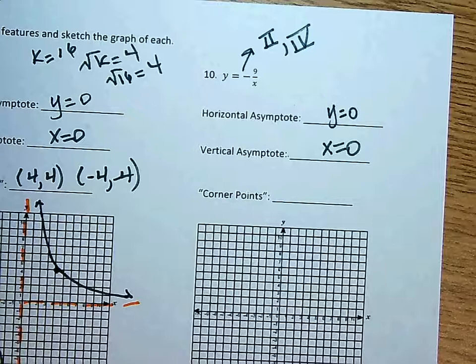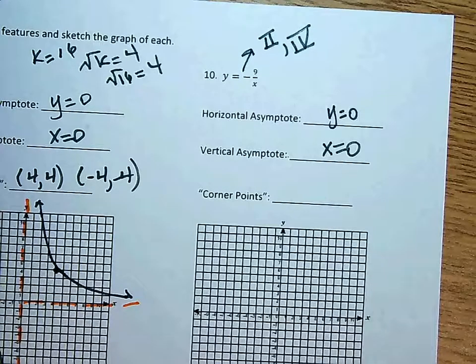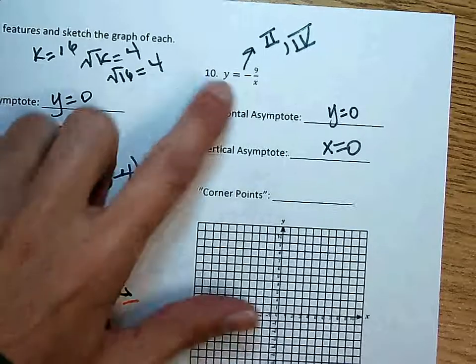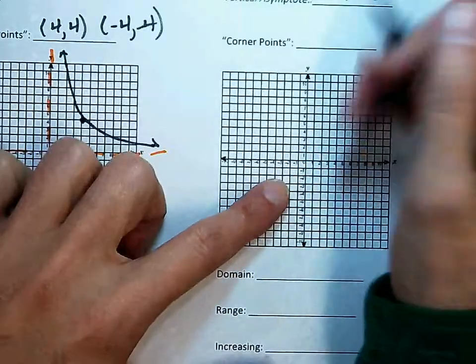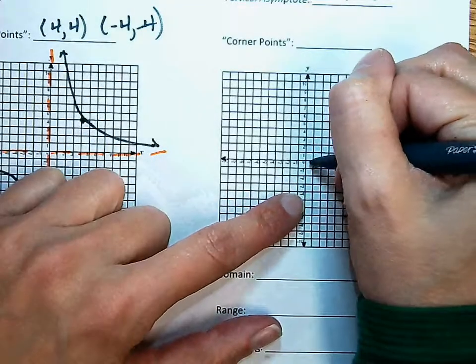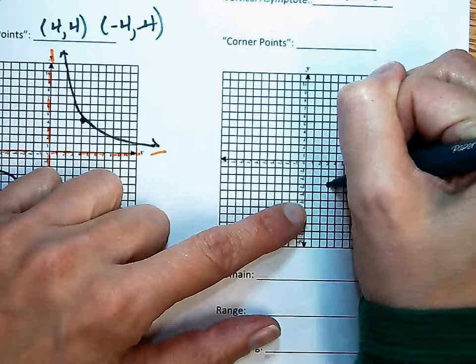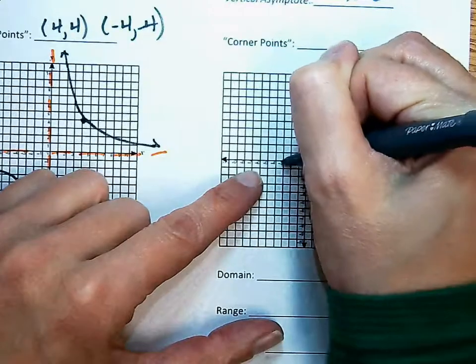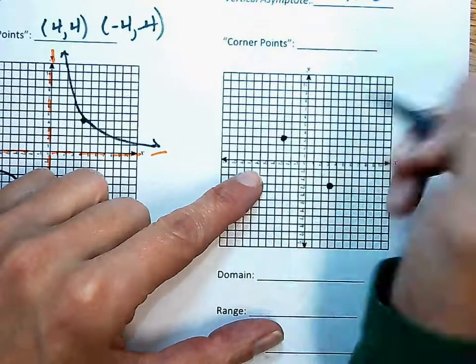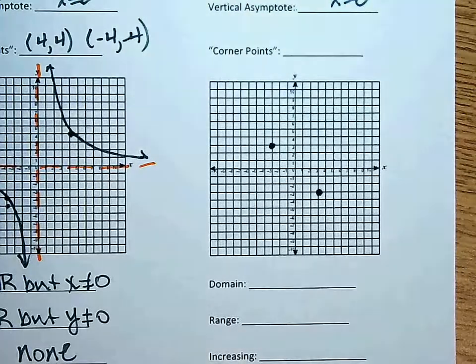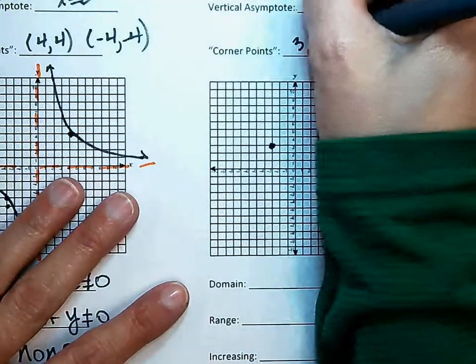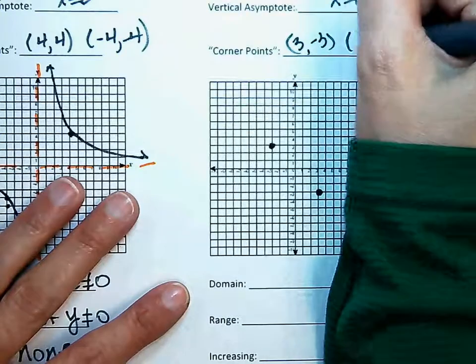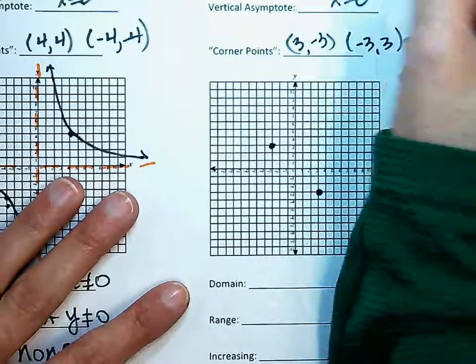Good. So guys, this is a little different because since it's reflected, instead of up here at 3, 3, it's going to be at 3, negative 3, and then negative 3, 3. That puts it in the other quadrant, so be careful with that. So it's going to be 3, negative 3, and negative 3, 3.